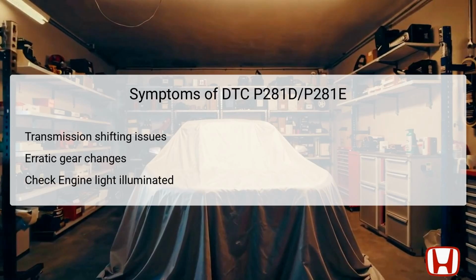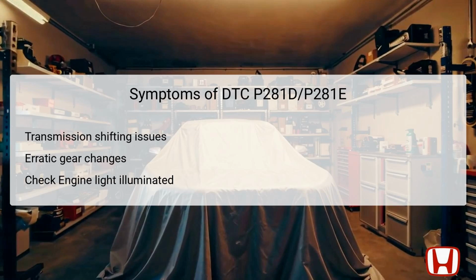Symptoms associated with DTC P281D and P281E may include problems with transmission shifting, where the vehicle might experience erratic gear changes or poor responsiveness when attempting to accelerate. Drivers may also notice the check engine light illuminating, providing a clear warning that system diagnostics require attention.